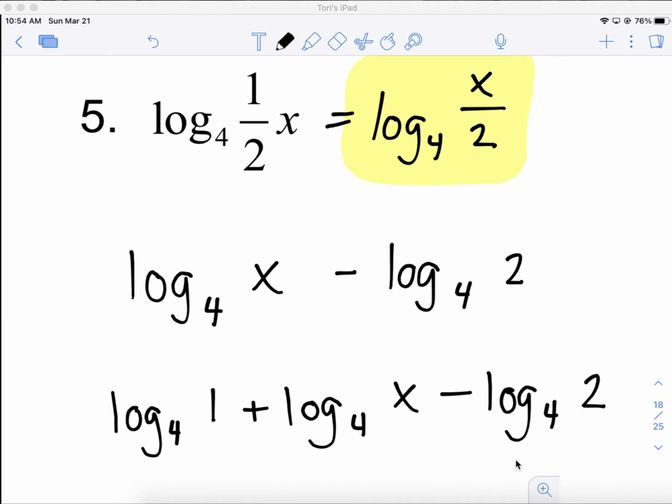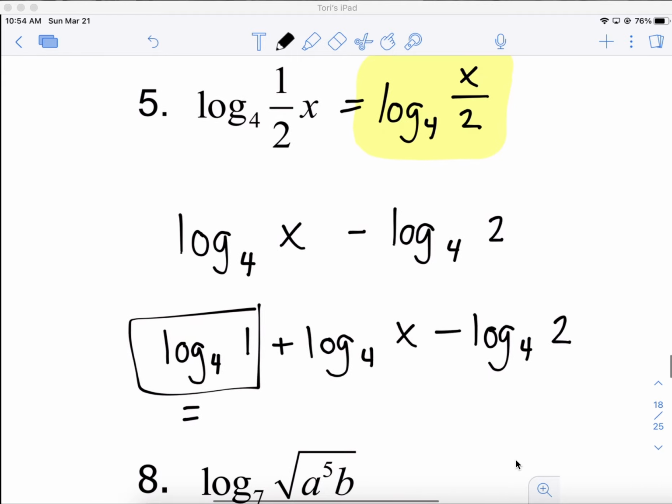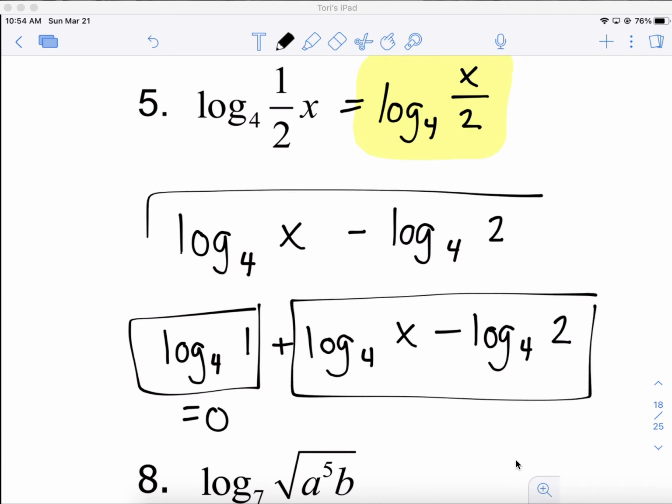Now, the difference is that if you take log base anything for a 1, that whole thing is just 0. So in reality, this answer and this answer are the exact same thing. Log base anything of 1 is just a 0, so we don't really need it.